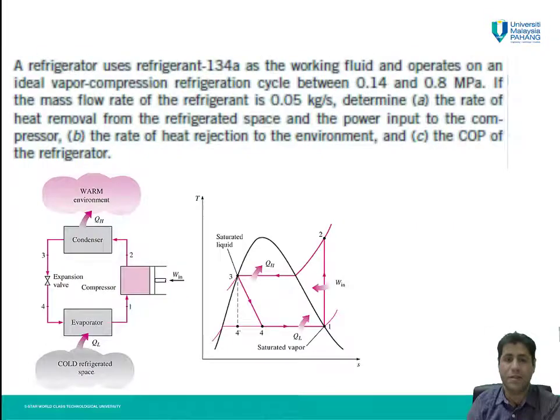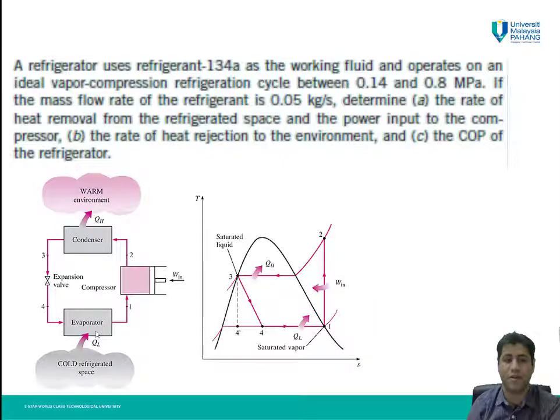Okay, first let's see what we know about this cycle, or ideal vapor compression refrigeration cycle. The main components which we have in this ideal cycle are as what you can see in this figure.